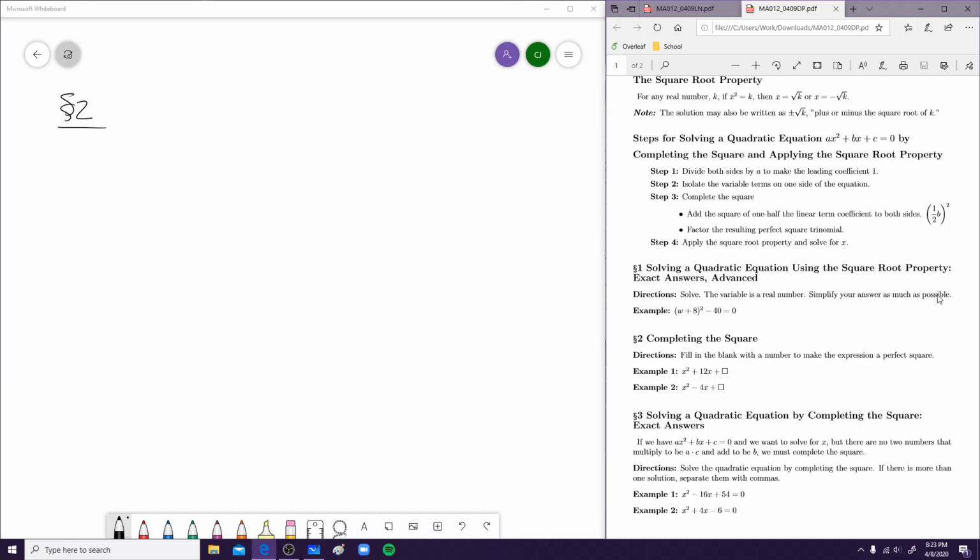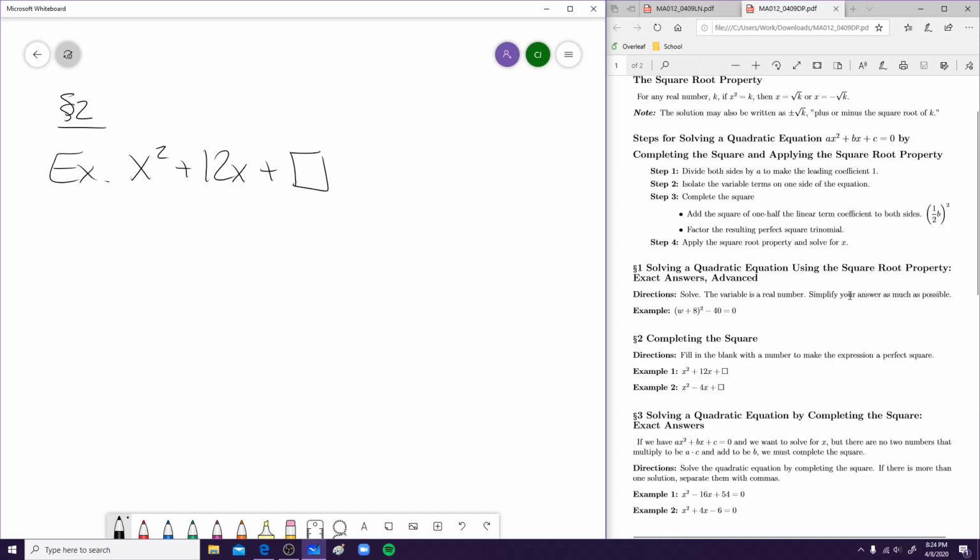So for Section 2, example 1, the directions are to fill in the blank. So we have x squared plus 12x plus box, and we want to figure out what box is. Before we do that, how do we complete the square? Let's look at step 3, which breaks down completing the square.